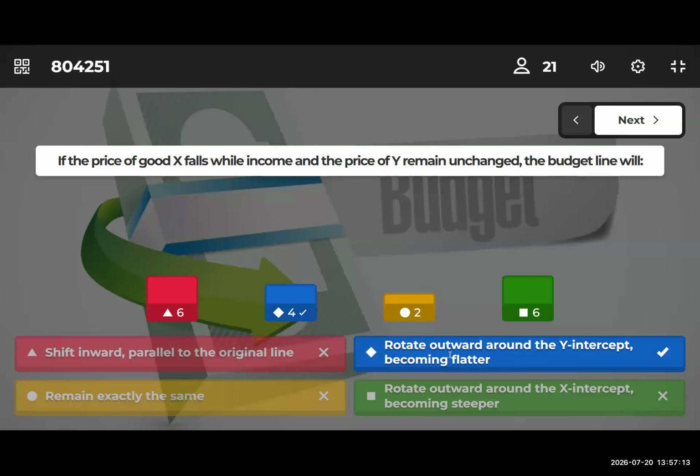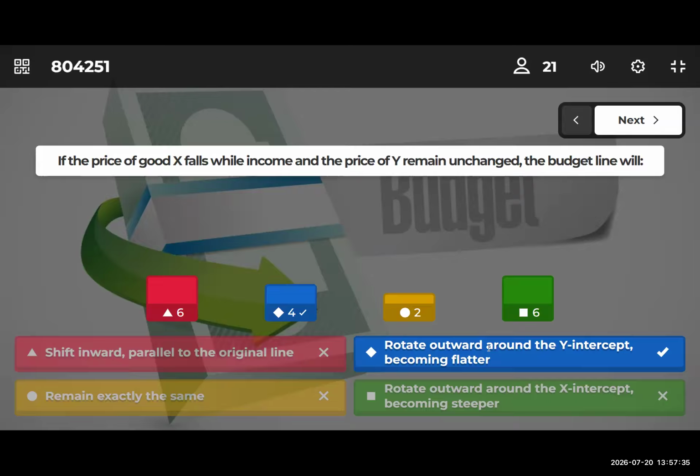Shift inward, parallel to the original. This is when income decreases, right? You should not choose this one because here it is about price. Okay, so think about it. Price of Y, price of X.